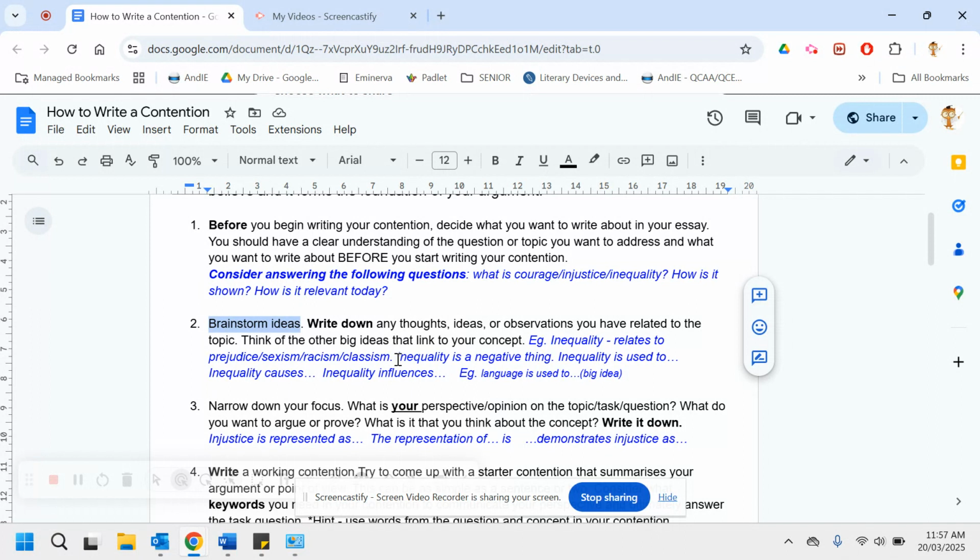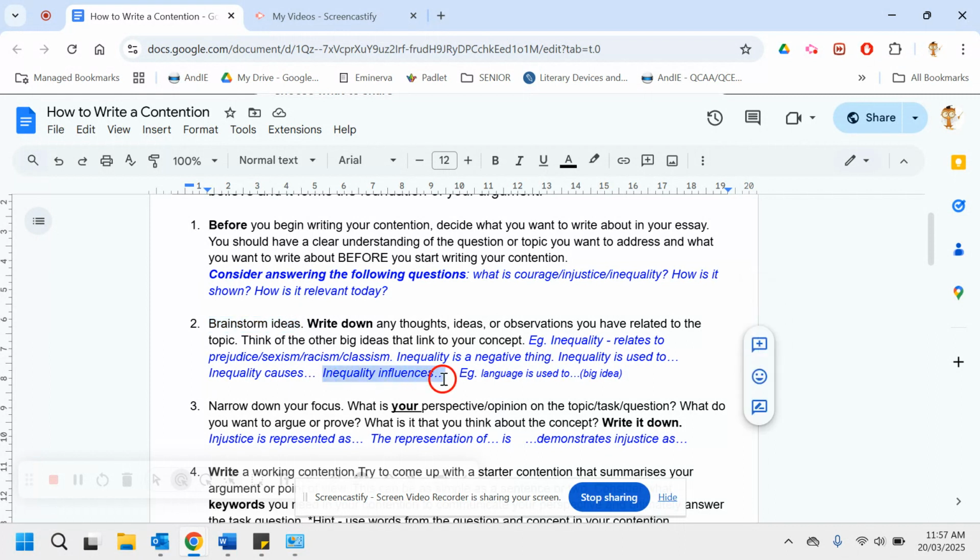So I'm also saying that some of my ideas around inequality is, well, that it is a negative thing, that it's used to oppress other people, that it's used to advantage others. So in one respect, if you are causing something to be unequal, then you're advantaging one group over the other. You could also discuss how inequality causes people to be privileged or not privileged, or it causes them to experience hardships and challenges because of it.